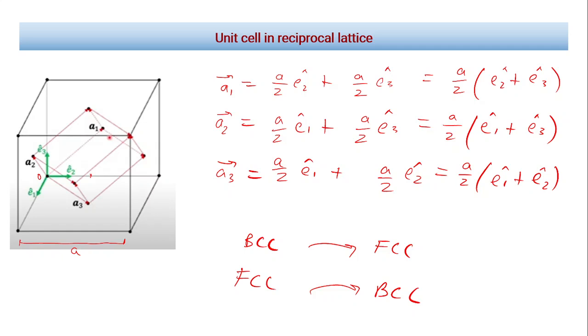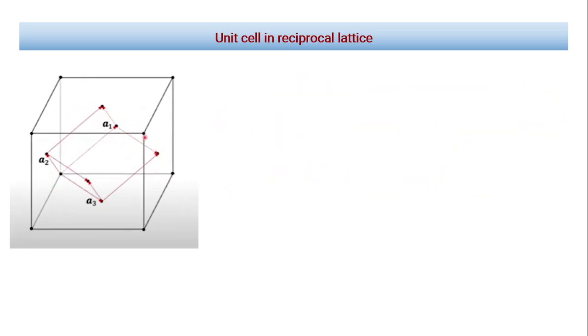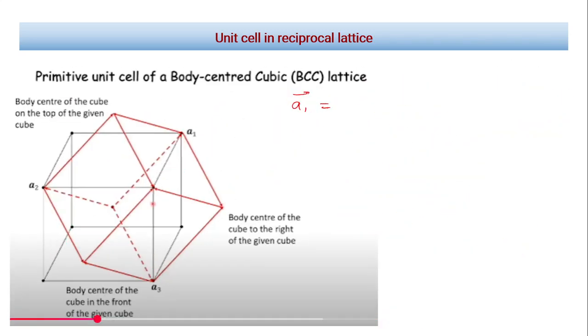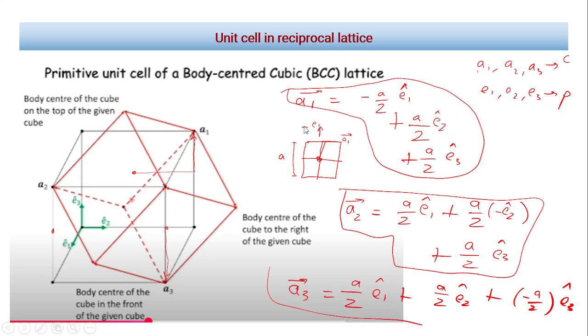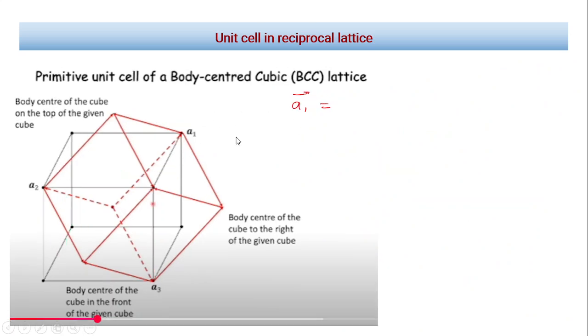Guys, for this at least, okay, let's just see when we'll calculate this. Also, one thing I wanted to tell is for BCC, when we get this A1, A2, A3, another thing is this primitive unit cell, this magnitude. What do you think is the magnitude of this A1?